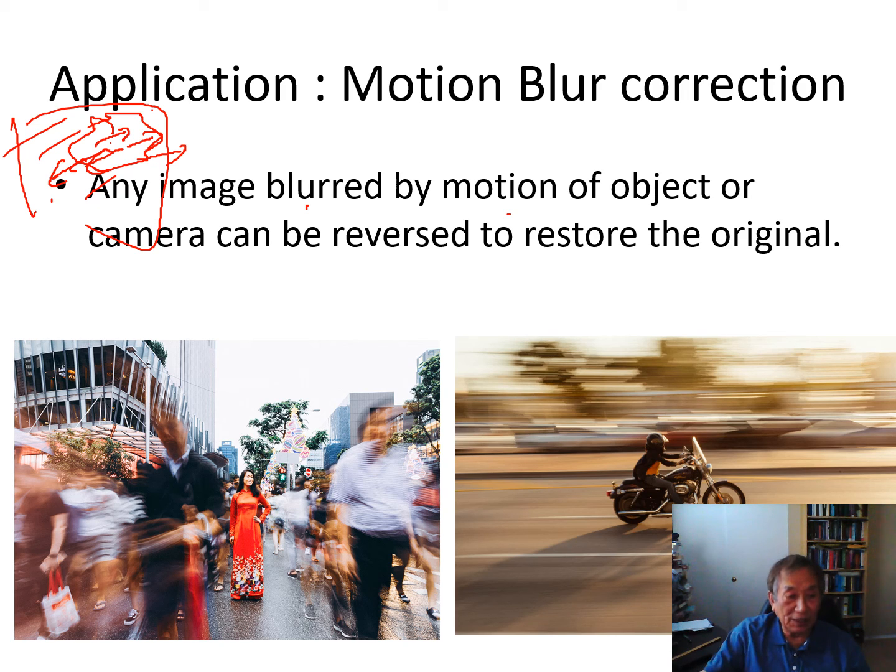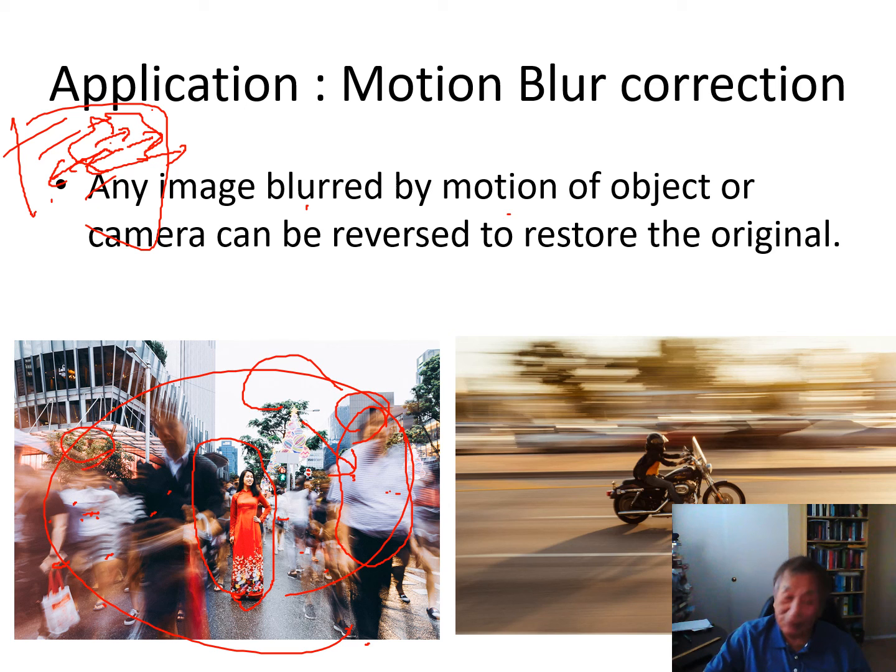In this picture the camera is stationary, just taking pictures. If somebody wants to take a picture of this lady, there are some people who are not part of this image and who were just walking, so there's a blur. The object is blurred. If for whatever reason you wanted to make this person's picture clear so we can identify who they are, maybe it can be done. That is what we are talking about now.